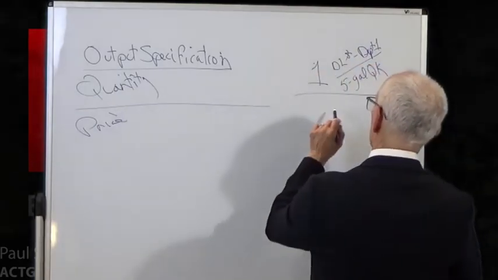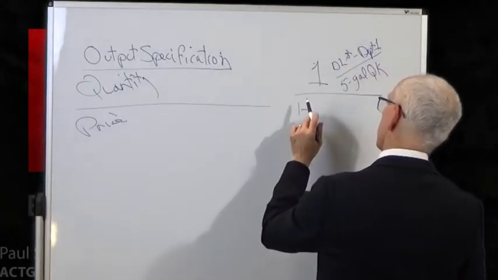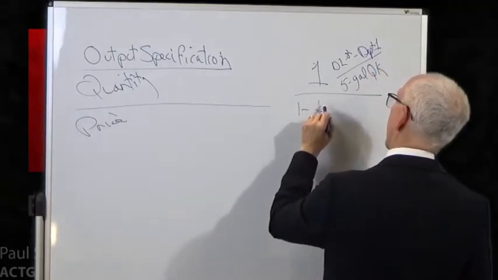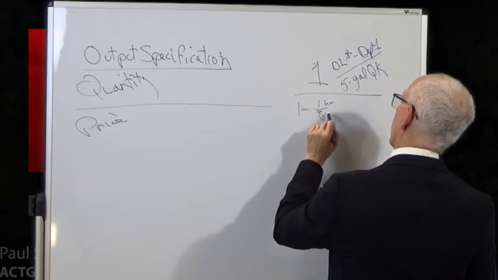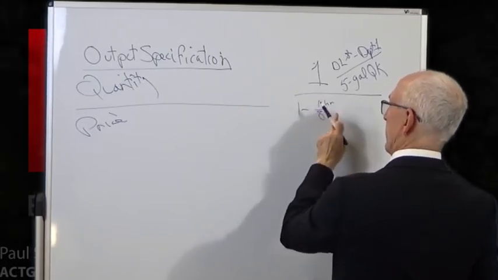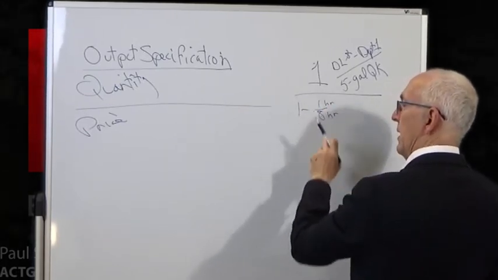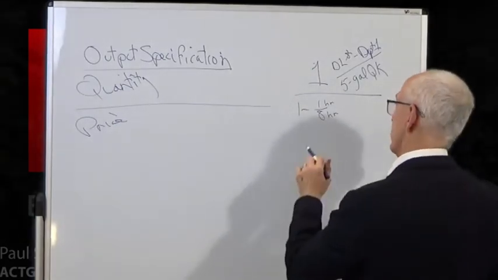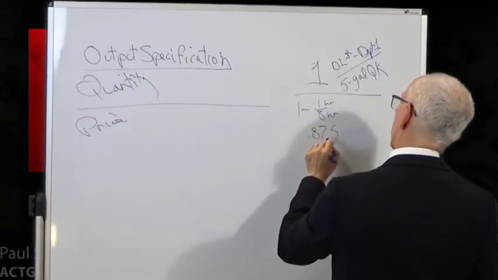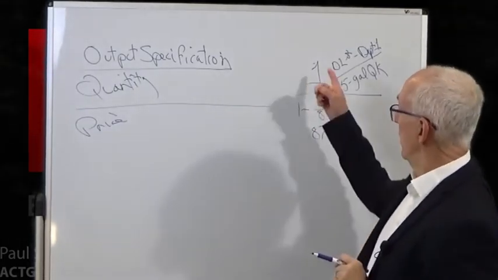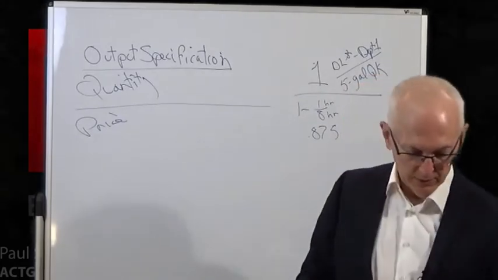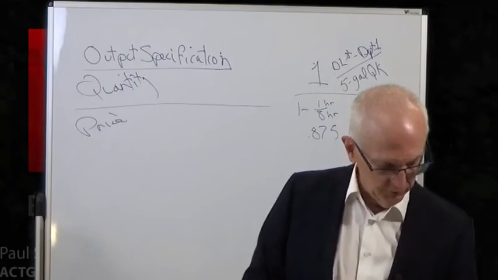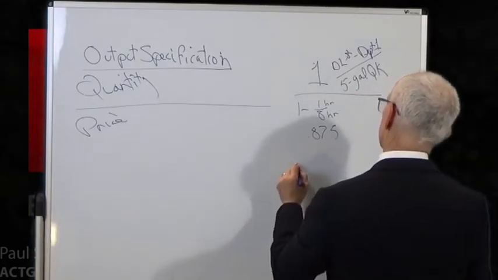The loss rate here is 1 hour over 8 hours, and if you work that out, it's 1 minus 12.5%, and that is equal to 87.5%, or 0.875. So we have 1 hour divided by 0.875, and that will give us 1.1429 direct labor hours per unit.